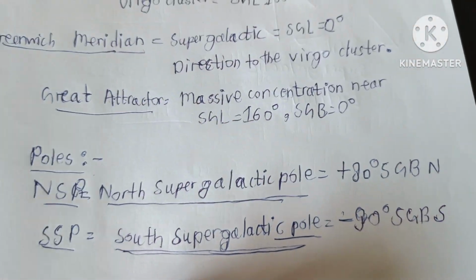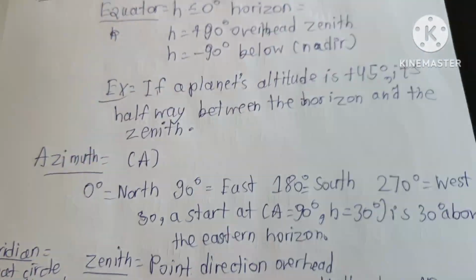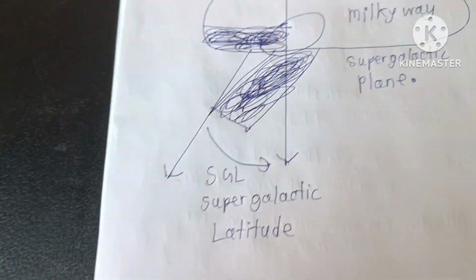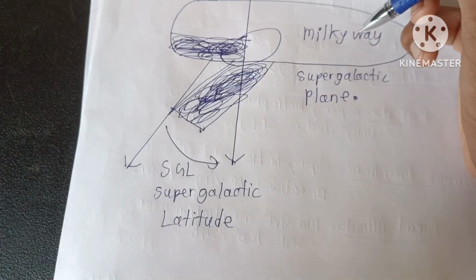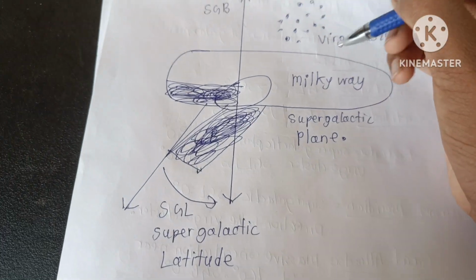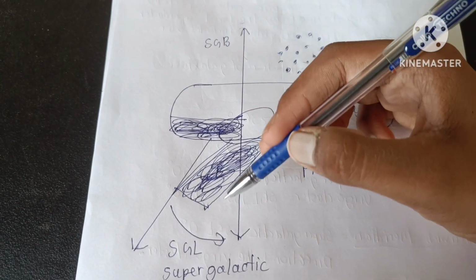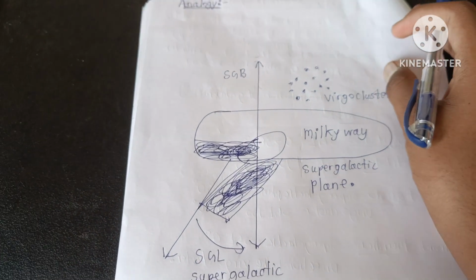So this system also has poles. You can refer to this diagram. Here is our Milky Way, the supergalactic latitude, the supergalactic plane as the equator, the Virgo cluster, and SGB. Let's see the next system.